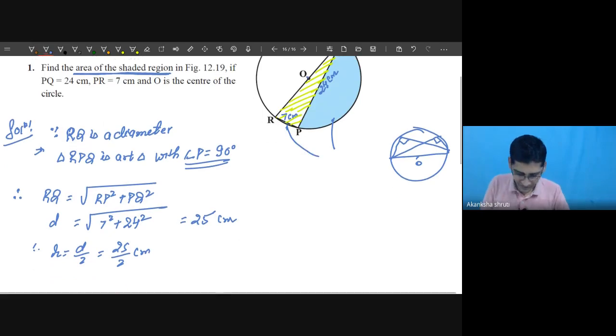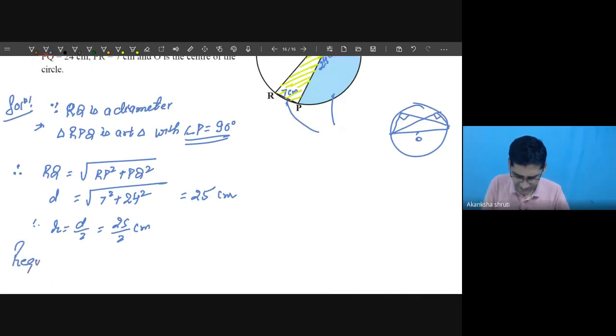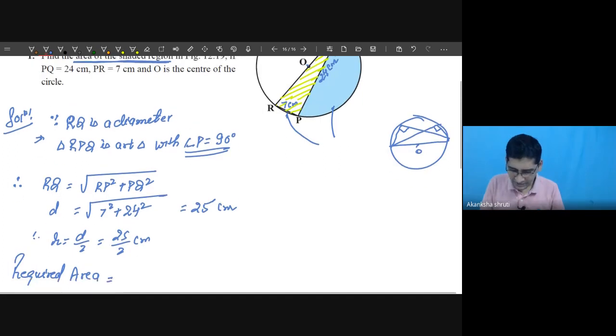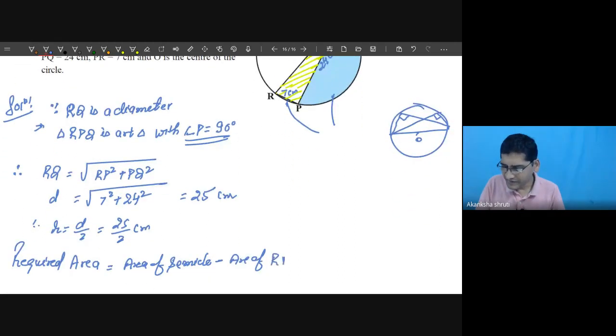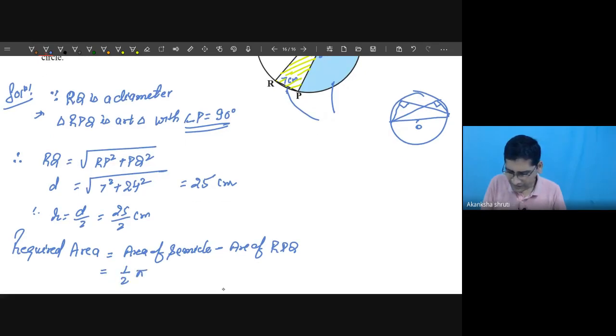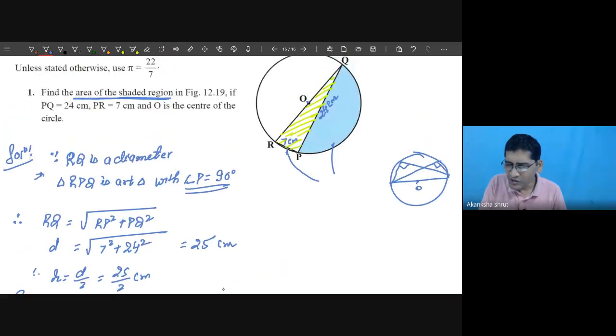Now, required area is equal to area of semicircle minus area of triangle RPQ. Substitute it. So it is like half pi R square minus, for getting the area of RPQ, the angle P is 90.